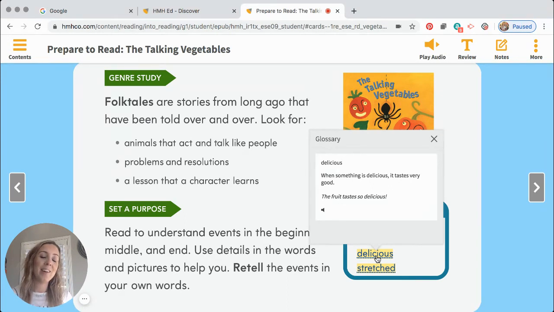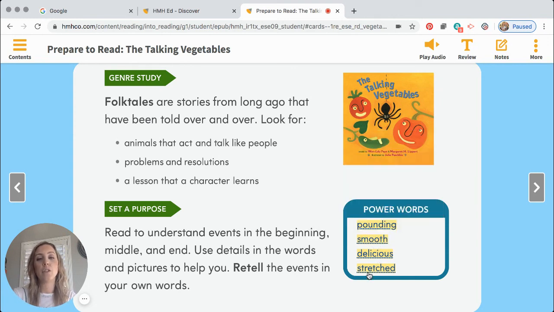So I bet if I was sitting with you today, I would hear many of you say that something sweet is delicious, right? So maybe you said ice cream is delicious or cupcakes are delicious, right? All those sweet things are very, very delicious. Say the word with me. Ready? Delicious. Excellent.